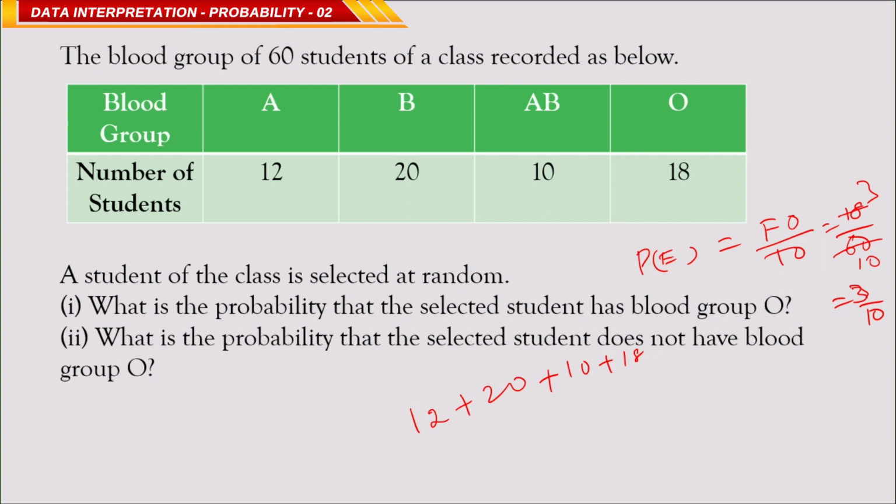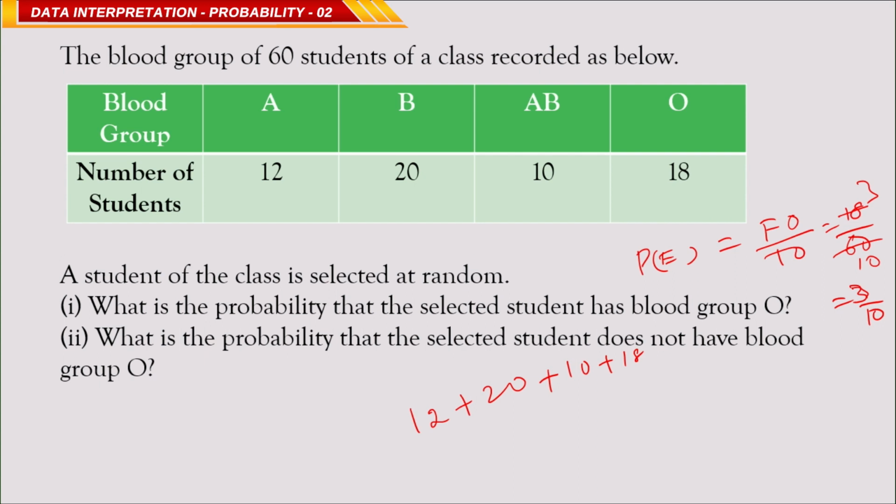See how simple the question is. A student is selected, and the probability that the student has blood group O is 3 by 10. What is the probability that the selected student does not have blood group O? Having blood group O is an event, and not having blood group O is the complementary event.